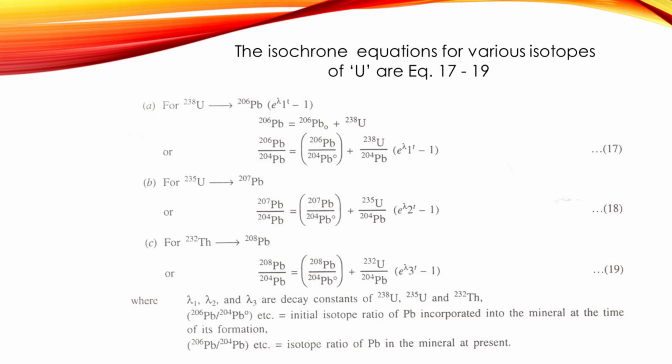Now, equations 17 to 19 can also be solved for calculation of time. Equations 17 to 19 can be used to plot the isochron graphically in a similar way as that of the rubidium-strontium isochron, as has been shown in figure 2, where the slope of the isochron is proportional to the age of the rocks.